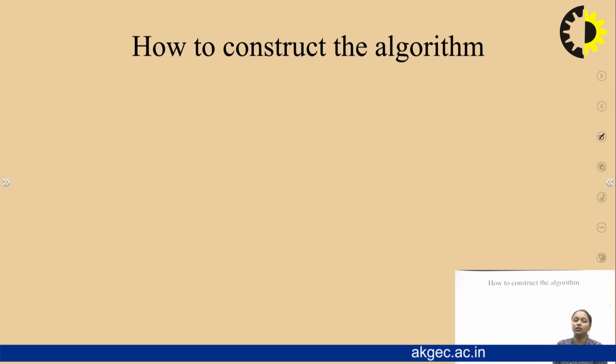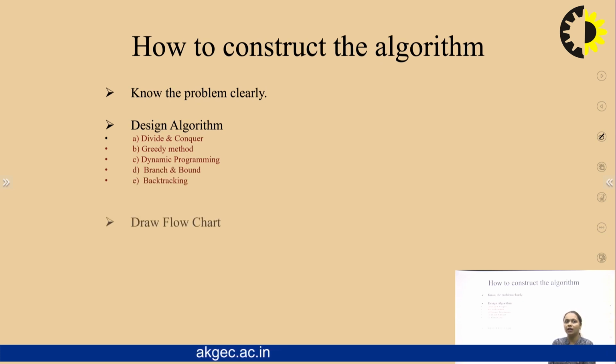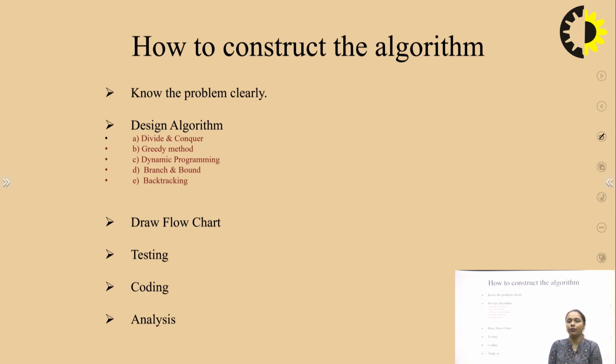Next, how to construct an algorithm. This is the major issue, and DAA generally discusses this only. As computer science students, we always work with program design and code, but we do not start writing the code from the very first.